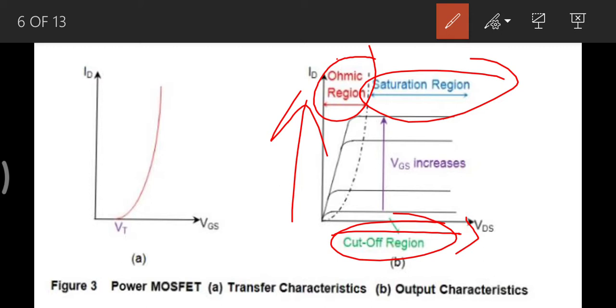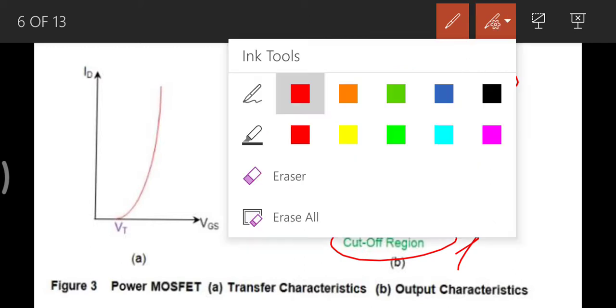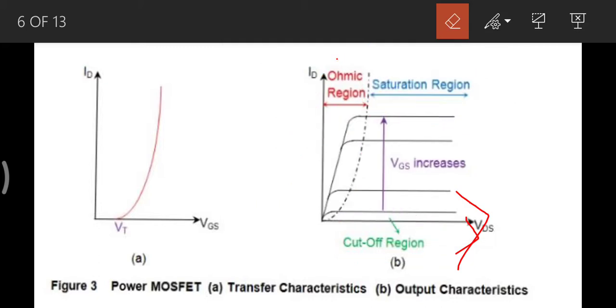And saturation region means if you increase the drain voltage, the drain current also increases, but only up to a certain point. After that point, if you increase the gate voltage, there is no increase of the drain current. Let's see the saturation region once again.